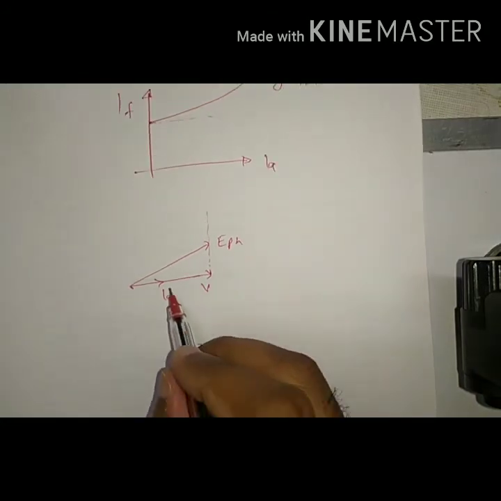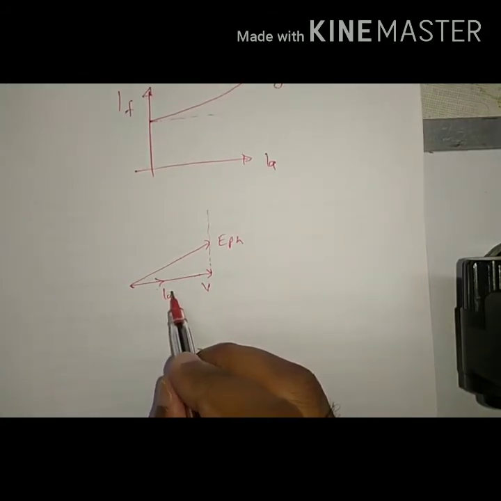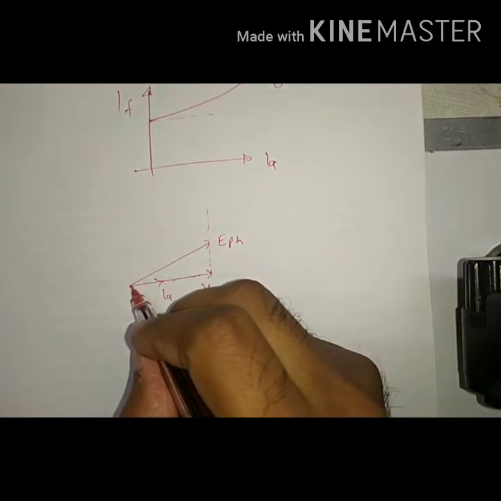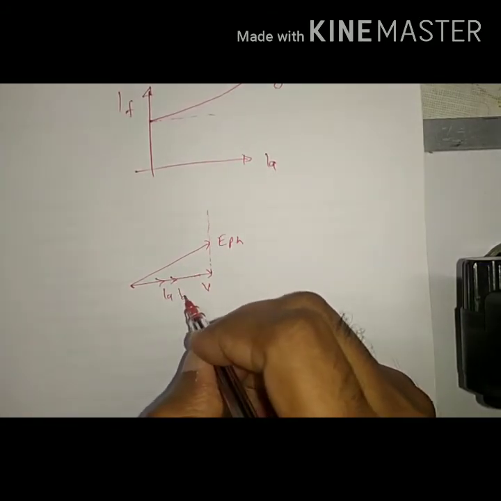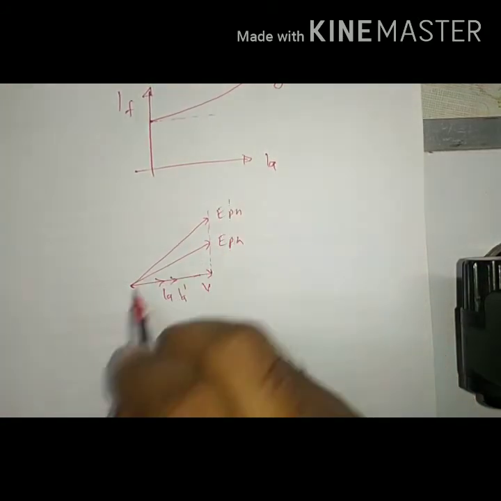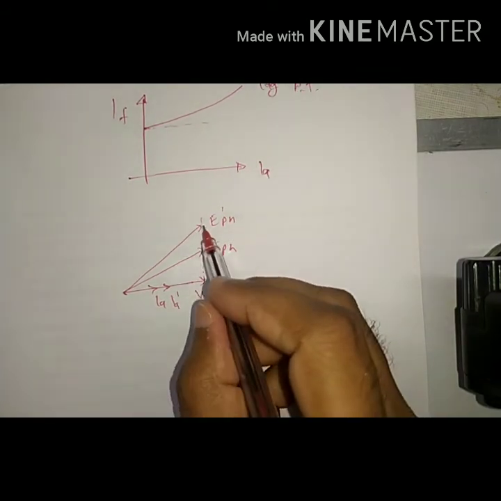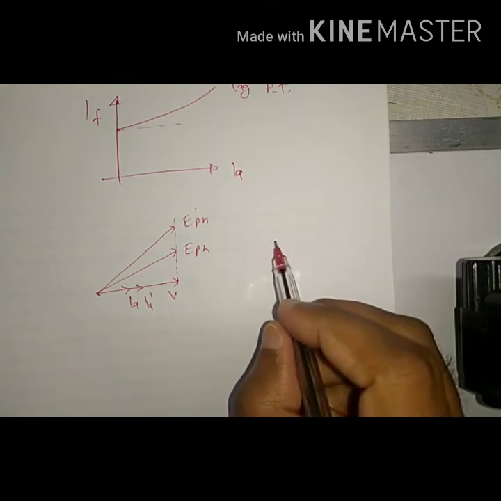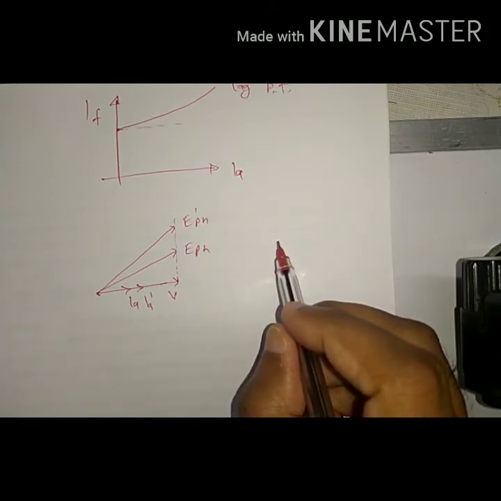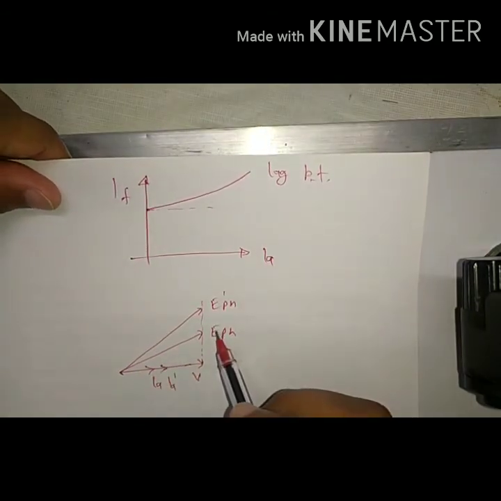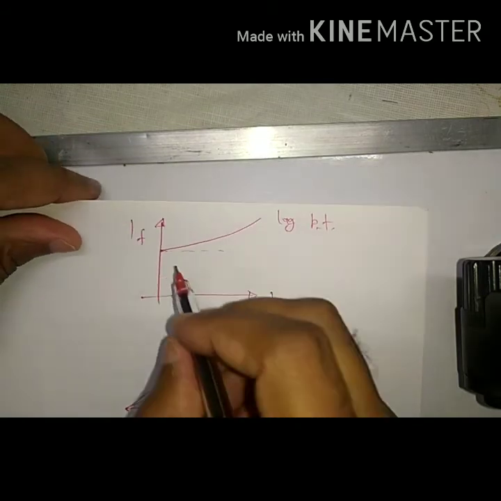This is when a load is given at unity power factor, but at the same unity power factor, if load is increased, load current is increasing, say IA dash, so to meet its demand EPH will also increase, but this increment will be slower than the increment in the lagging power factor case. Therefore excitation must be increased at a slower rate than that of lagging power factor.